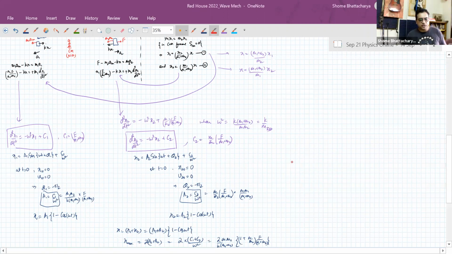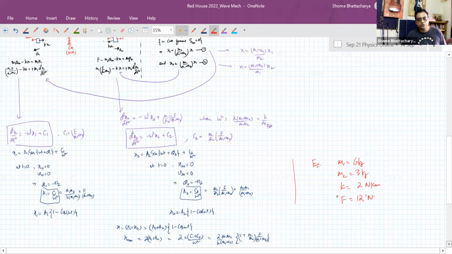Okay, so for example, if we had a numerical situation where let's say M1 is 6 kgs, M2 is 3 kgs, okay, and the spring constant was, let us say, 2 newtons per centimeter, and the external force we applied was, let's say, 12 newtons. Okay.